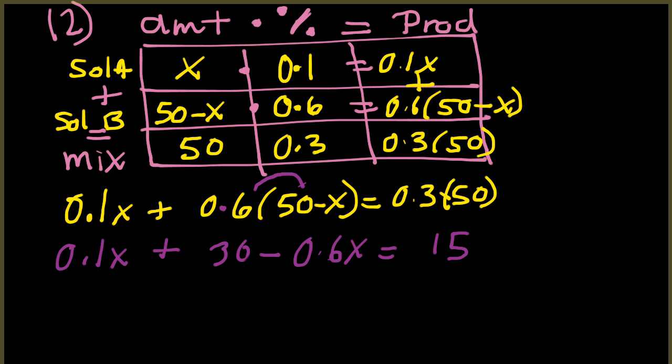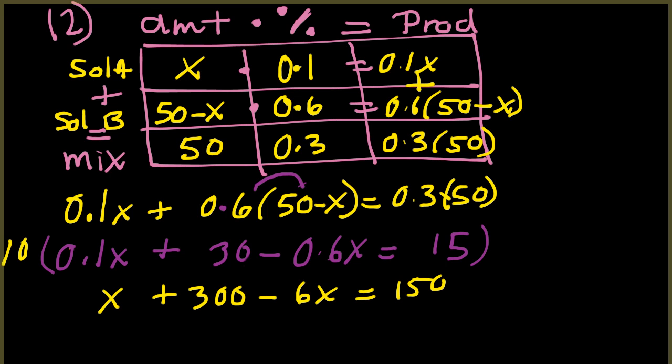All right, now I simplify. I have decimals, so I'm going to clear my decimal, multiply everything by 10. So what I get is x plus 300 minus 6x equals 150. Combine my like terms.